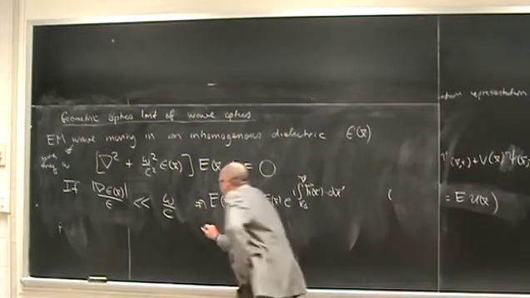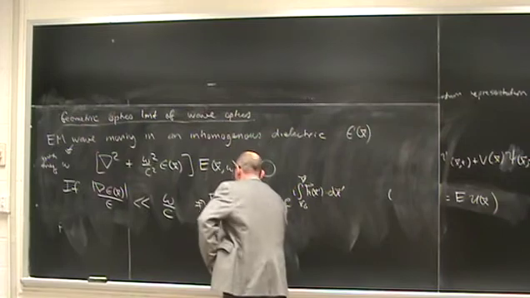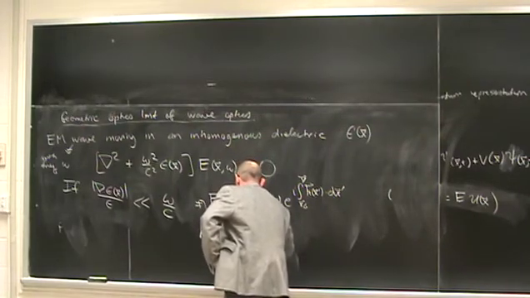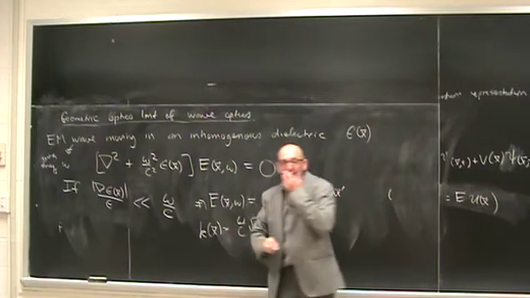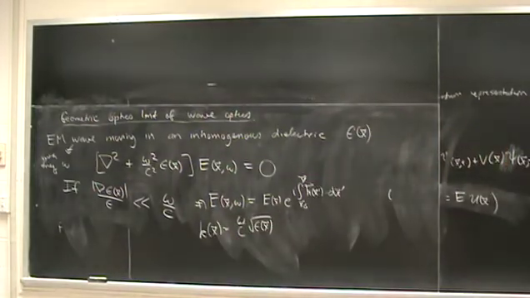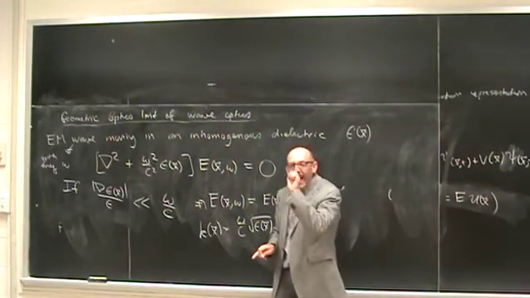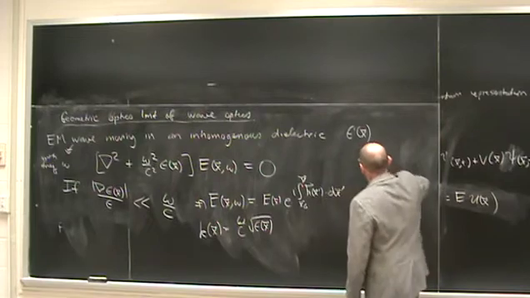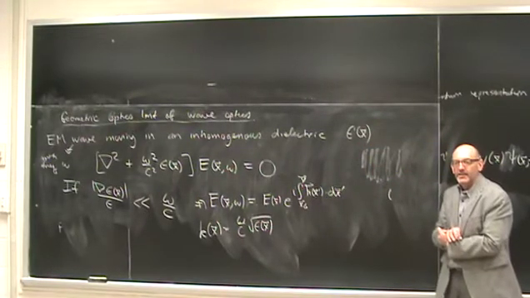Where there's a local wave vector, if this were a constant, we know what the wave vector is. The wave vector is omega over c times the index of refraction, and the index of refraction is the square root of the dielectric constant. But now there's a local index of refraction at every position in this inhomogeneous dielectric.